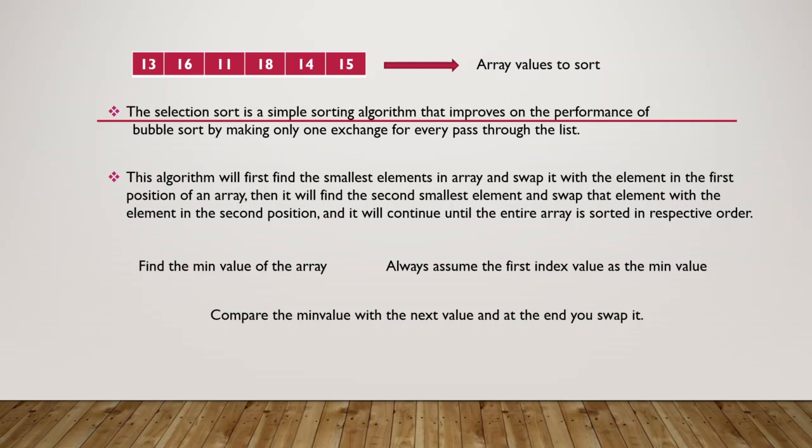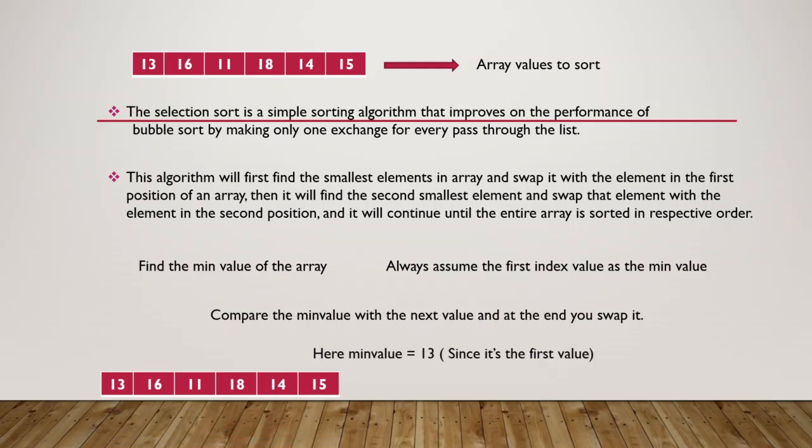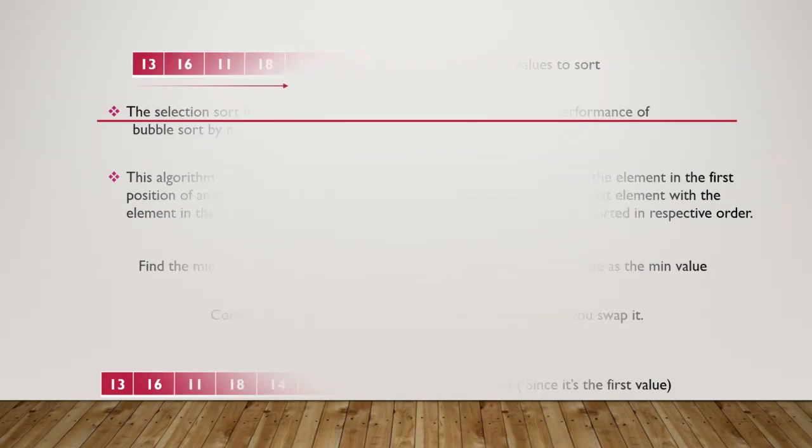In this array, we know that the value 13 is the min value, since it is the first value. So here we have the array and we will be comparing from the first index value to the last index value.